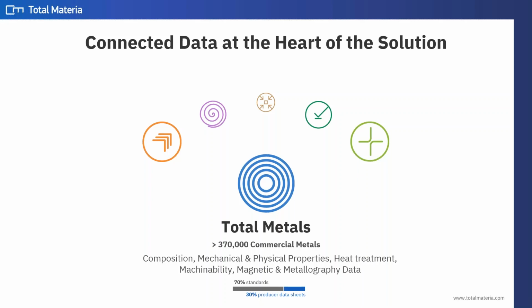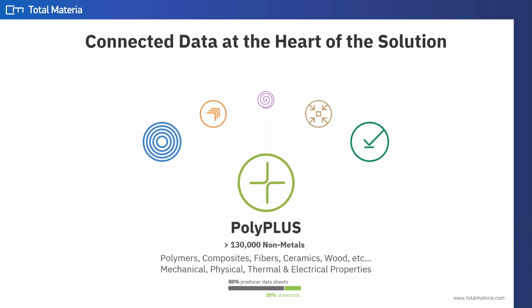On top of our metallic materials information, we also have different non-metallics in our database as well. We have over 130,000 non-metals, comprising of polymers, composites, fibers, ceramics, wood, honeycombs, foams, and I think a couple more material groups.